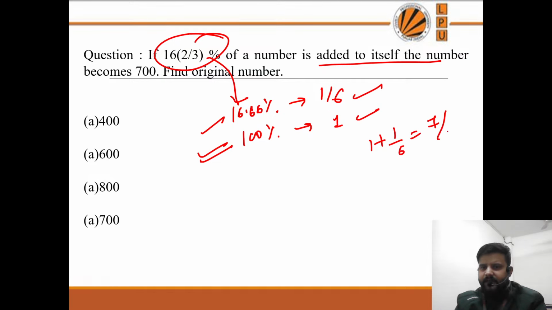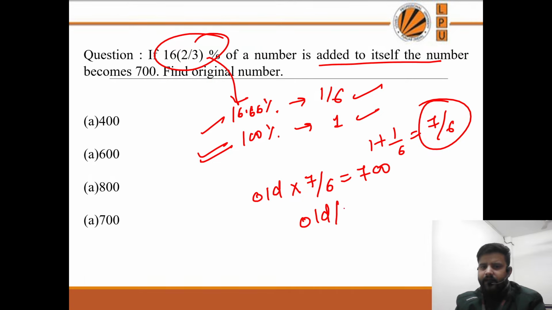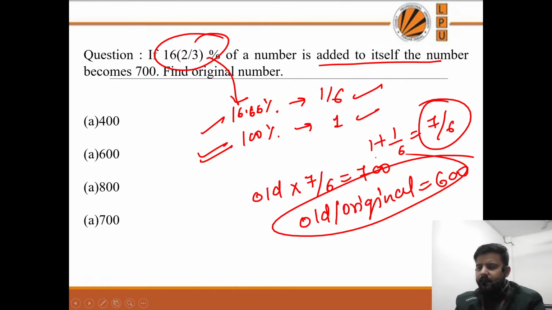It will become 7 by 6, isn't it? So now when you multiply 7 by 6 with the old value, you will arrive at the new value, isn't it? So old multiplied by 7 by 6 will give you 700. From here the original or old value is 600. Simple.